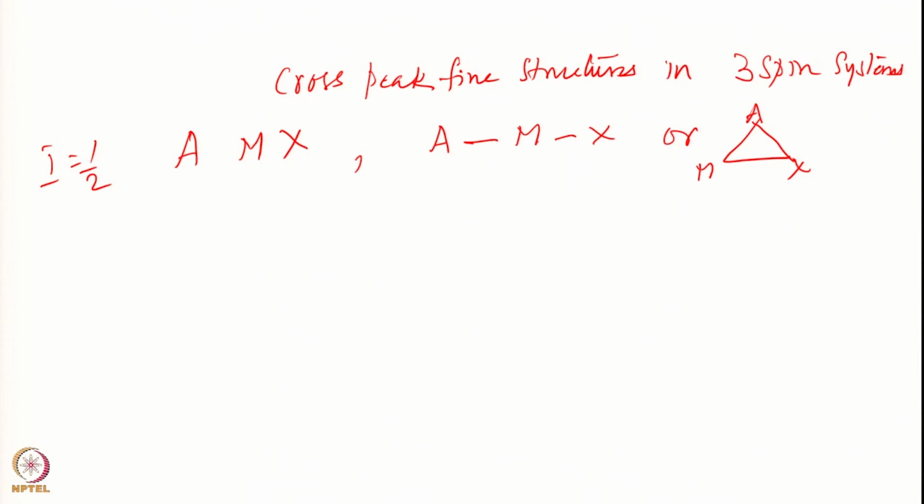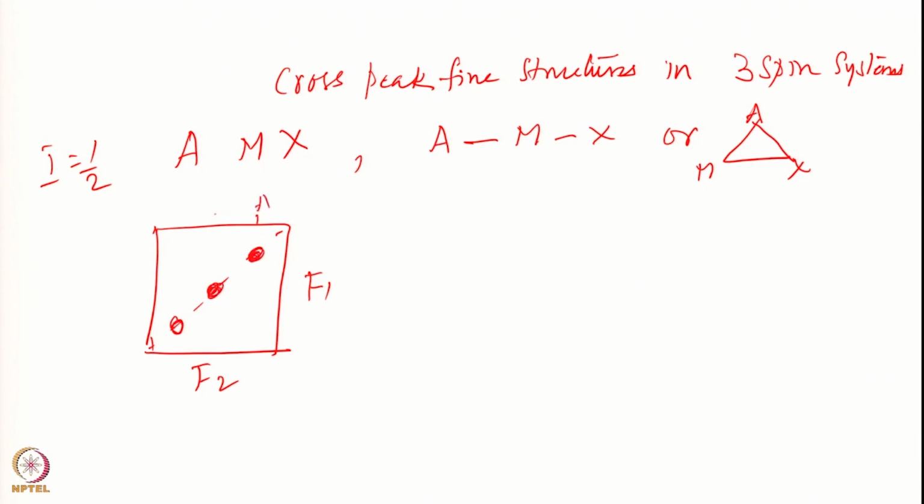So what will happen, what will be the fine structure in the cross peaks? Let us look at once again the schematic here of the 2D spectrum. So here we have F1, F2, and I will have here 3 diagonal peaks, let us say, and let me call this as A, call this as M, and call this as X, okay.